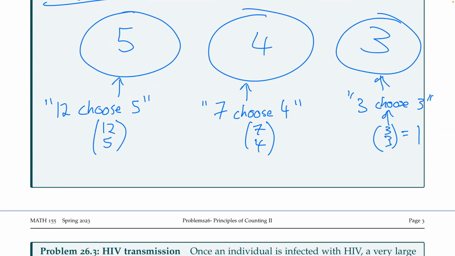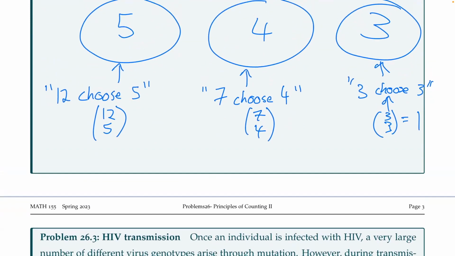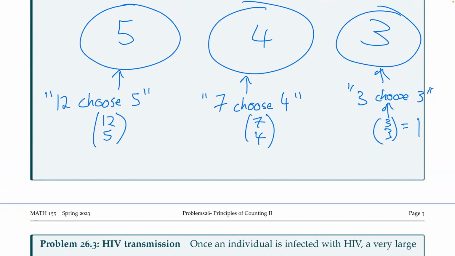Yeah, exactly. That's another thing you can have a go at in your own time: put them in a different order. So rather than choosing the 5 first, do the 4 and the 3 first, and then work it out. Because you'll have these factorials there and you're multiplying these things together, you'll just get cancellations.